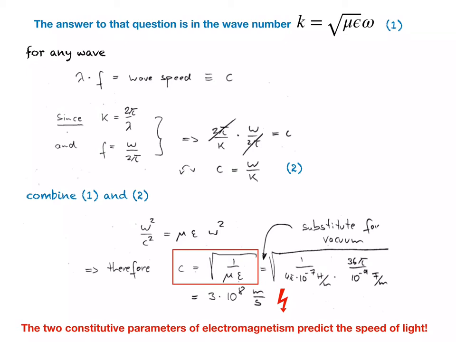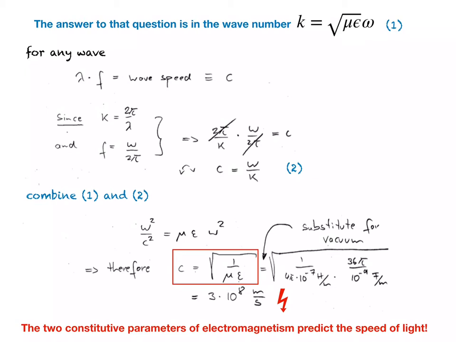The permeability mu and the permittivity epsilon are fundamental constitutive parameters of electromagnetism. In the SI system of measurements, mu in vacuum is given as 4 pi times 10 to the minus 7 Henry on meter. Epsilon may be approximated as 1 over 36 pi times 10 to the minus 9 farad on meter.